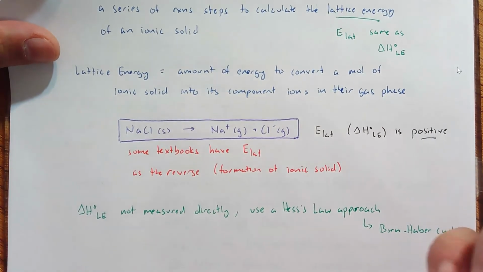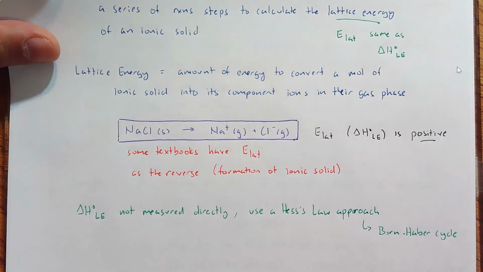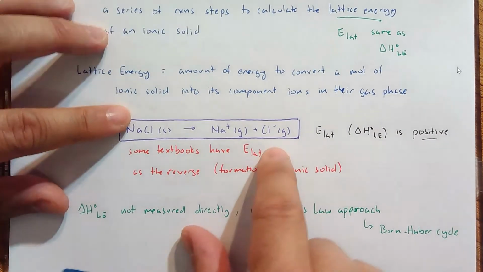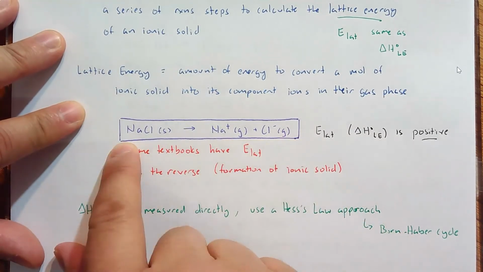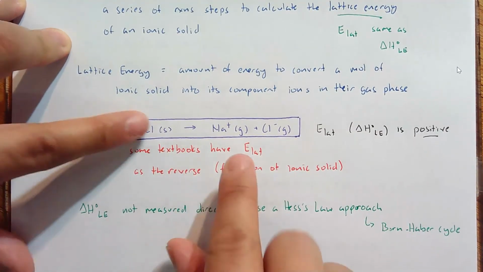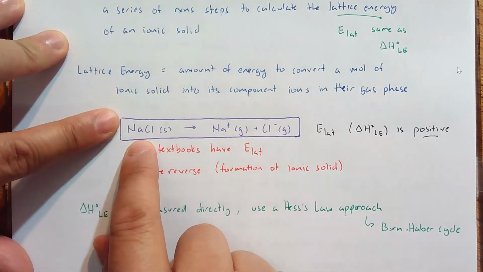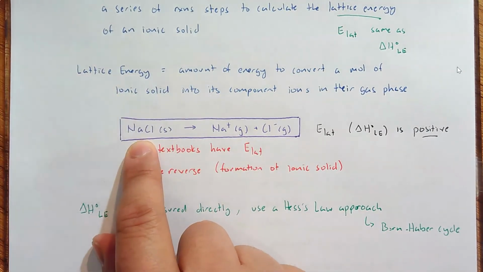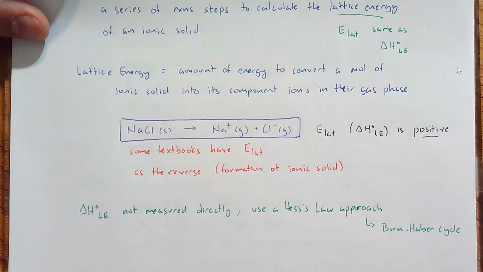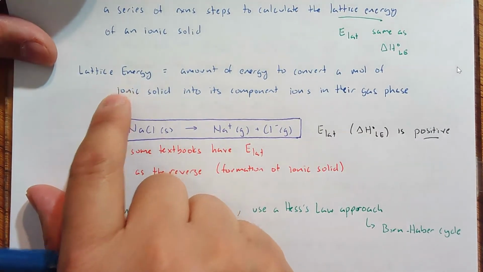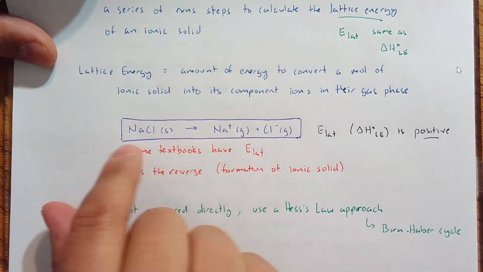I'm only emphasizing that because some textbooks have the lattice energy as negative because they're going in the opposite direction, right? Because combining these two to make an ionic bond actually releases energy. But in this textbook that I'm using, it is defined as the energy needed to break up the bond. So that requires energy.